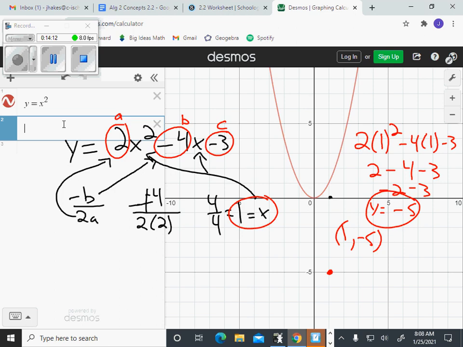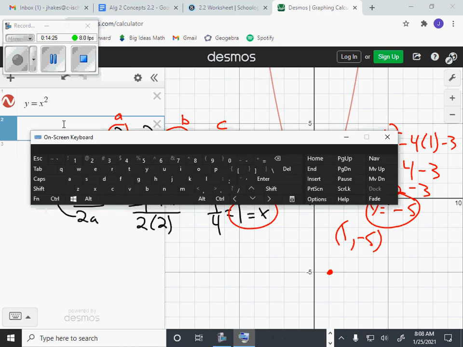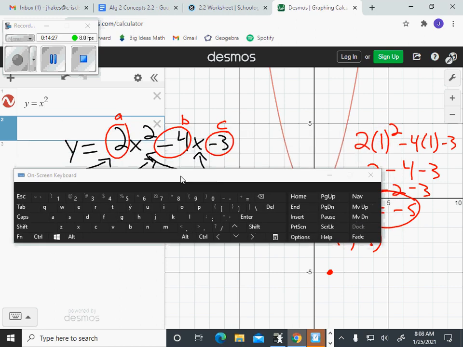We should know that with that 2 up front, the graph is going to be a little skinny. But to graph this thing, we'd have to plug in an x and y chart. Let me just pull this up here so you can see what this graph will look like. We have y equals 2x squared minus 4x minus 3.